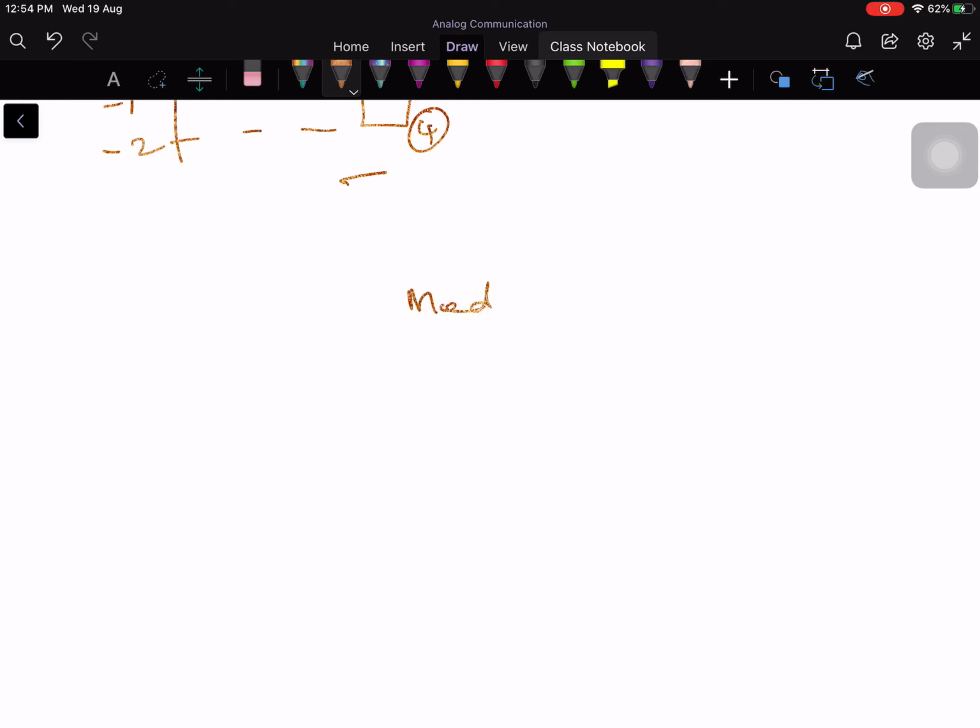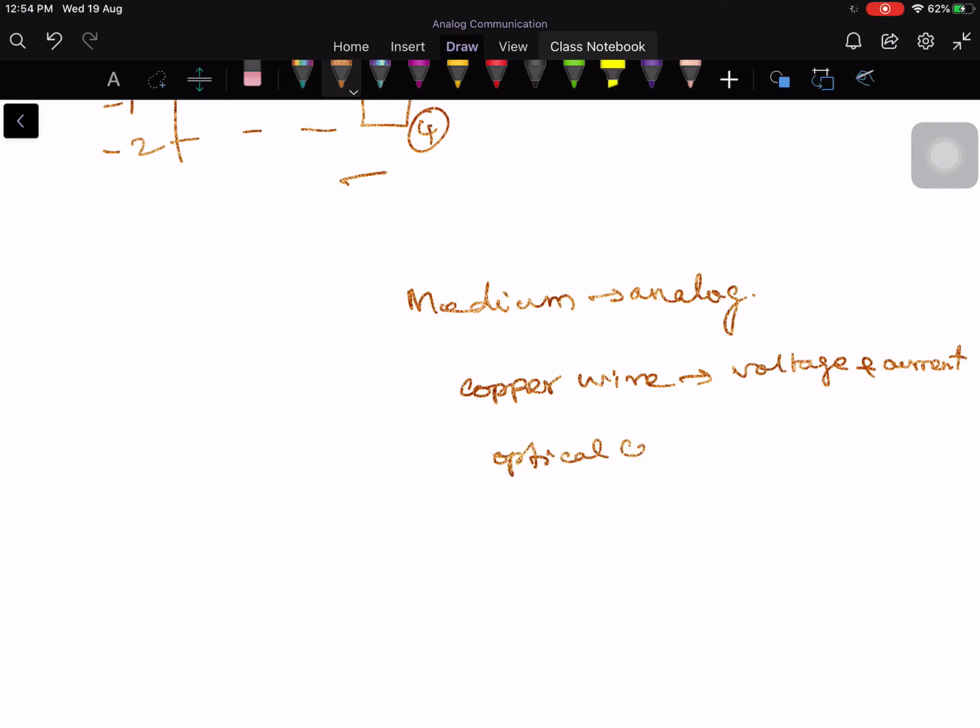Therefore, the real medium is analog. The medium is always analog, in terms of voltages and currents. If you take copper wire or coaxial cable, the signal is in terms of continuous voltage and current. If you take an optical cable, then it is in terms of light pulses.